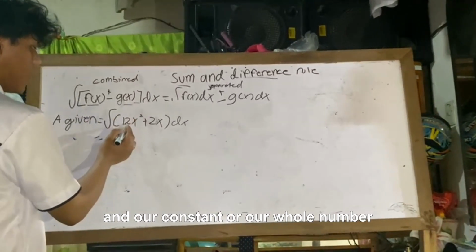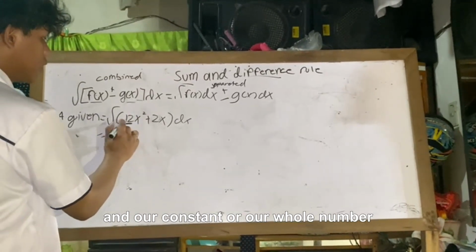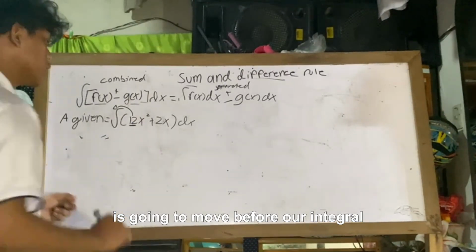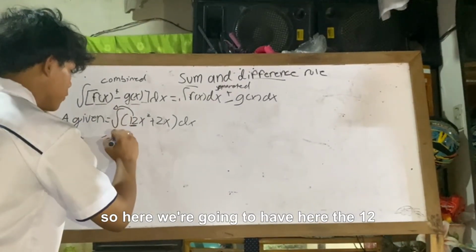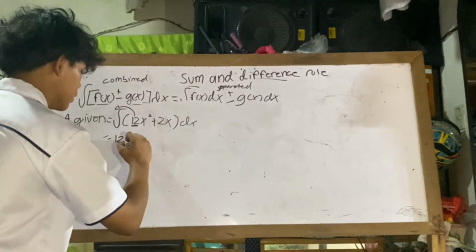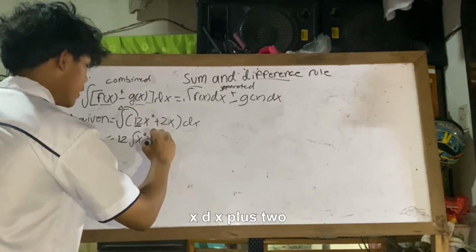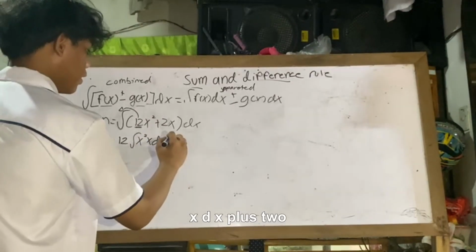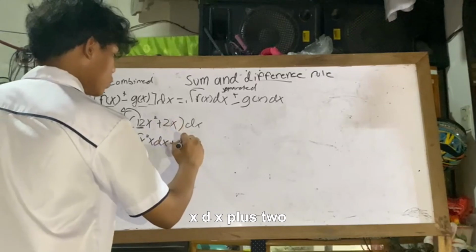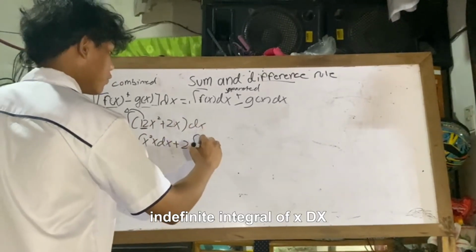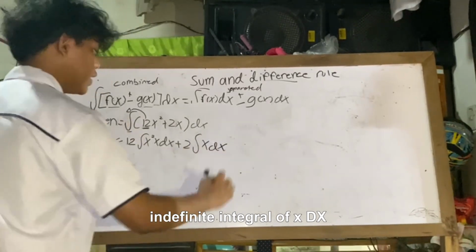And our constant or whole number is going to move before our integral. So here, we're going to have 12 times the indefinite integral of x squared dx plus 2 times the indefinite integral of x dx.